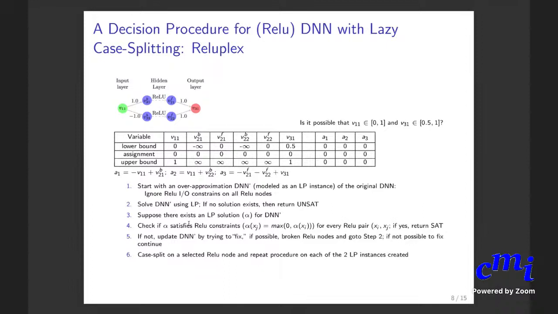Okay, now that is where this thing is. There's no guarantee that just by fixing locally all these ReLU pairs by repeated LP calls, you will get a solution.